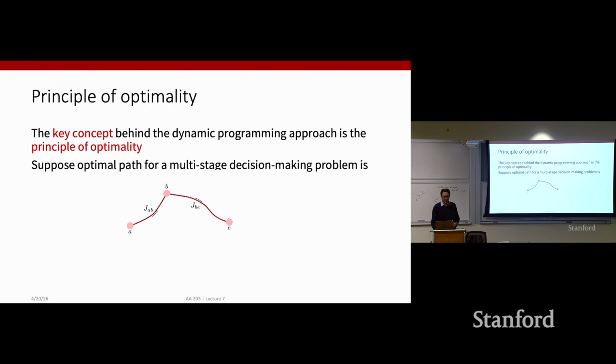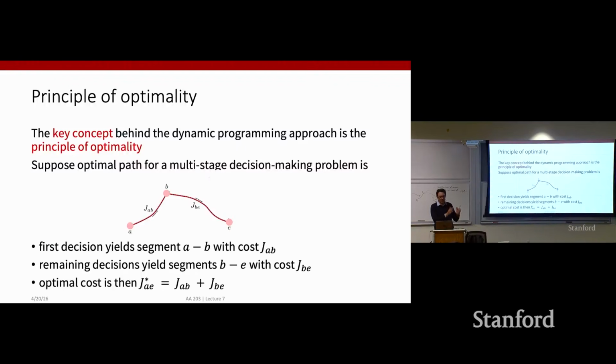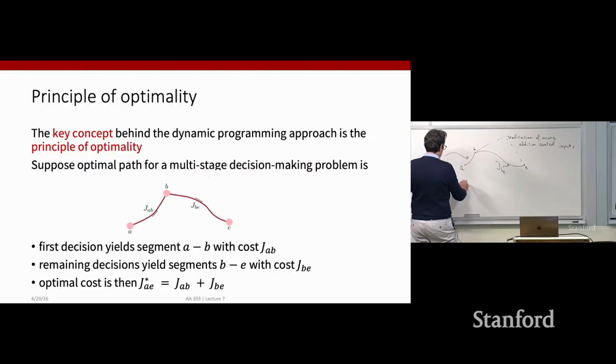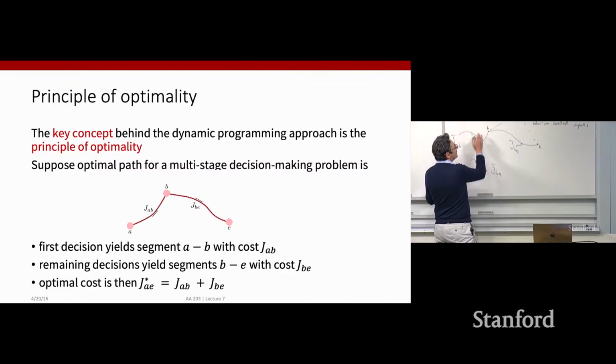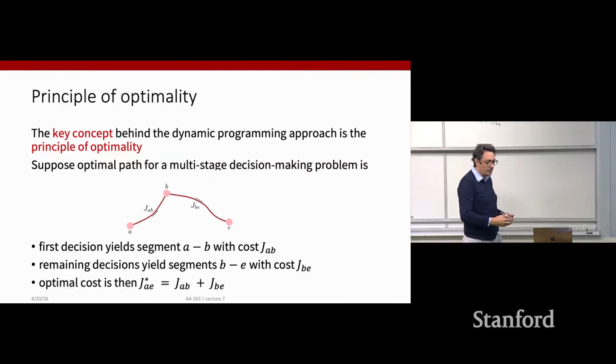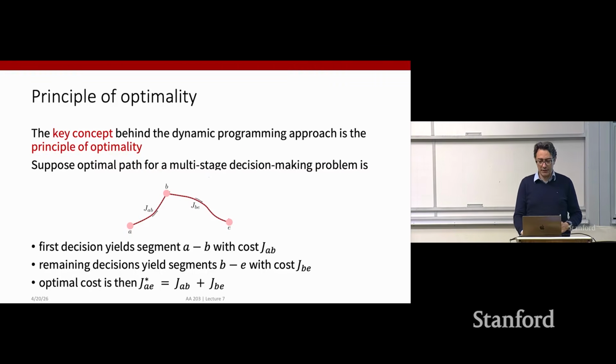That's right, because we're assuming that we have an additive cost. So the optimal cost, J from A to E, is simply the sum of J_AB plus J_BE. And that stems from the fact that we formulated the optimal control problem with respect to a cost function that is additive.